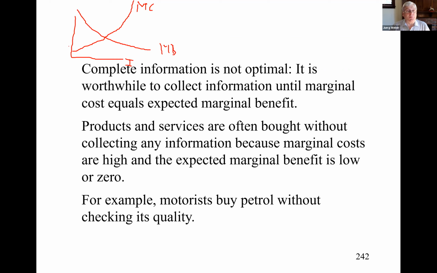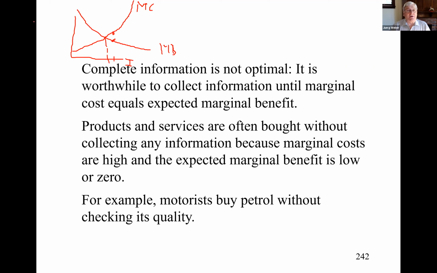And so you go to the point where the marginal benefit equals marginal costs. It's not worthwhile to spend more on information, because if you spend more on information, the costs here then will be higher than the benefit. So if you spend an additional dollar on information, now here you have those additional costs, but the benefit is less.